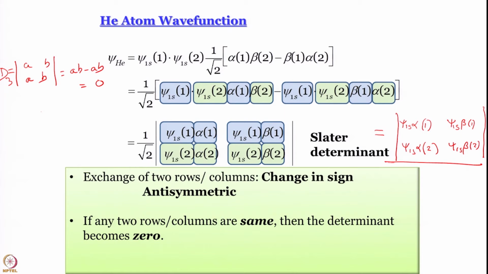That leads to something very, very interesting and something that we are familiar with, something that we have been using axiomatically all the time. Before going there, let me remind you where we started from. We started from the Pauli principle, or this 6th postulate of quantum mechanics, which said essentially that for fermions like electrons, the total wave function has to be antisymmetric.